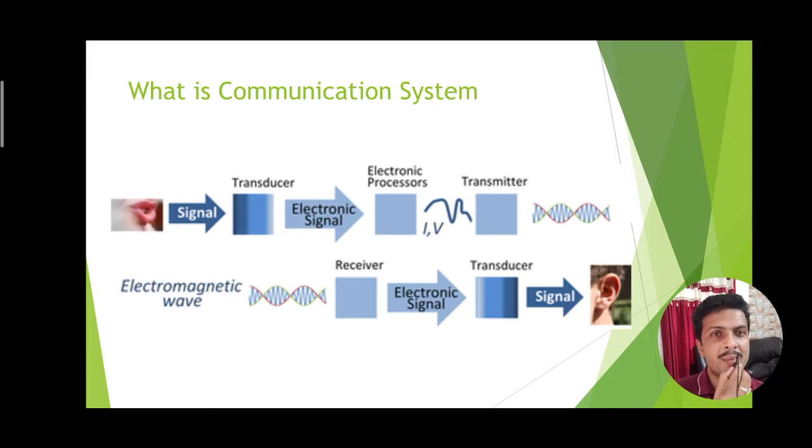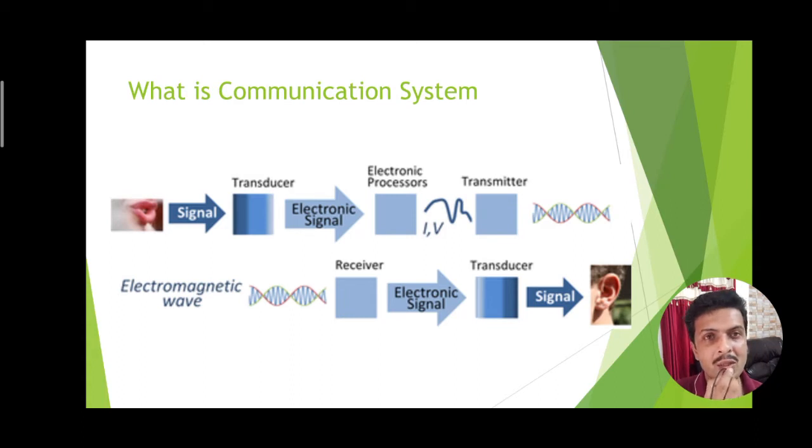Now this is an example of a basic communication system, which tells us about the electronic communication system. A simple example shows the mouth producing acoustic vibration which is incident on the transducer called a microphone. The microphone produces the electrical signal that is processed by several processors to produce current and voltage type electrical quantities which are incident on the transmitter to produce the modulated signal.